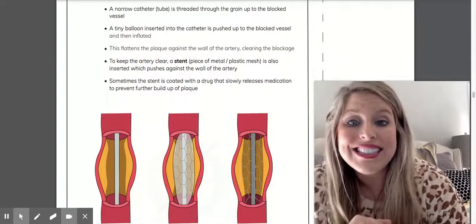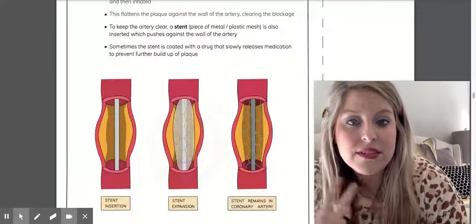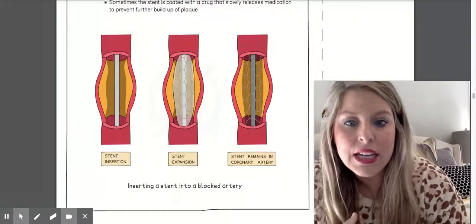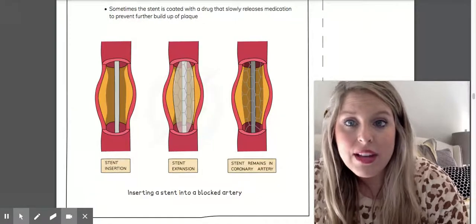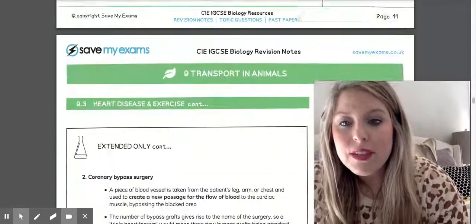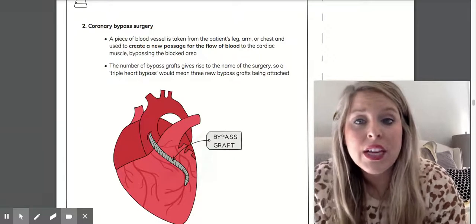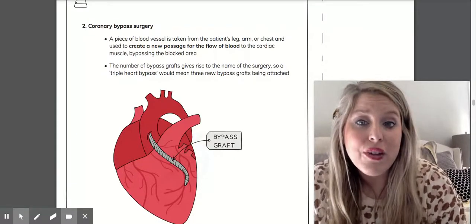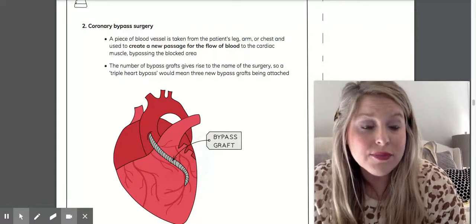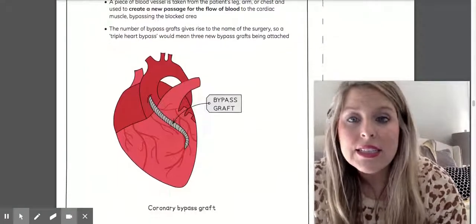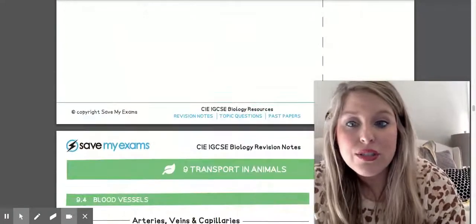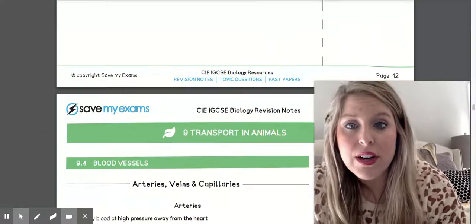This is also called a stent. So you've probably heard of someone having to have a stent put in. This is an image of that. You may also see a coronary bypass surgery of some sort. So this is ultimately going to create a new passage for blood flow to occur. So bypass surgery is something that someone can do to prevent or treat coronary heart disease as well.